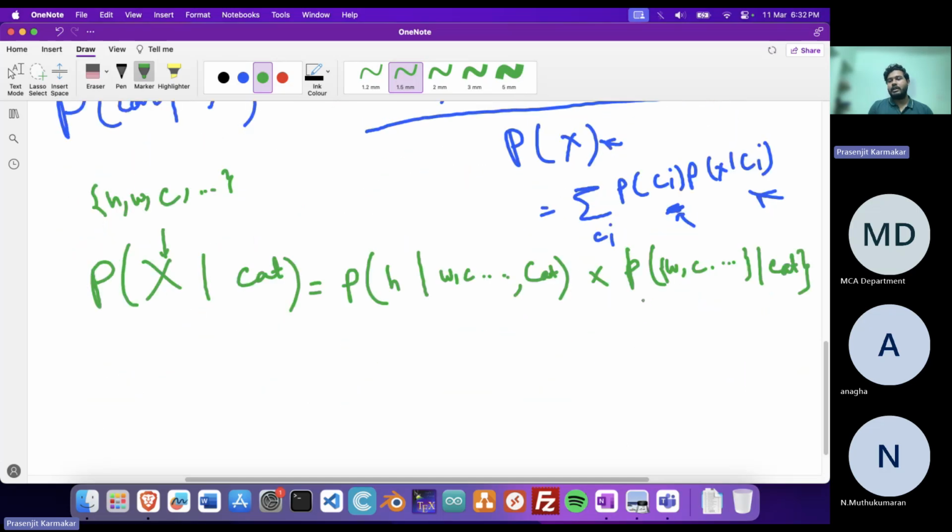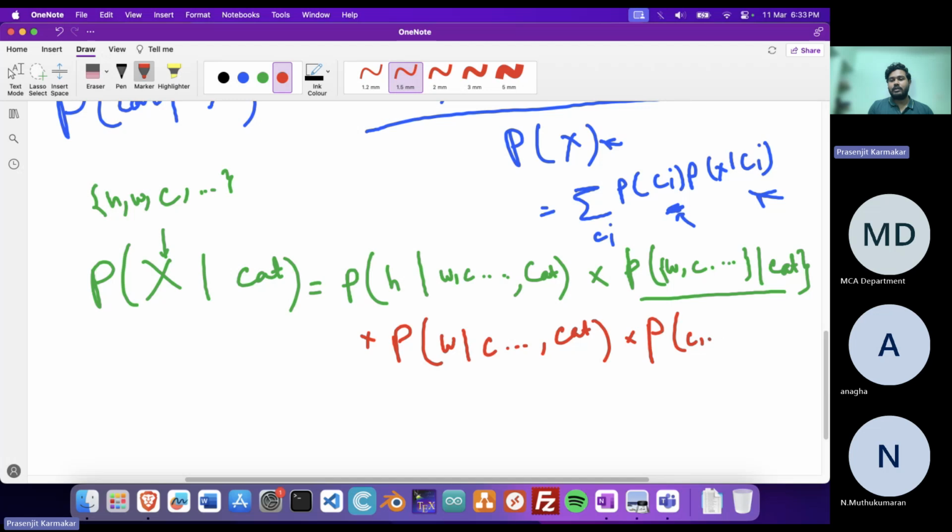I can expand this component to be, let's say, another color times probability of weight given color comma cat times probability of color given cat, and I can just go on and on till I reach the last feature.